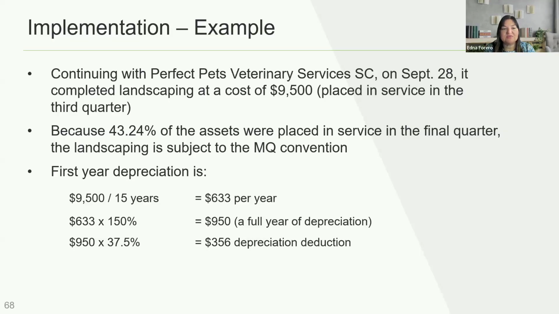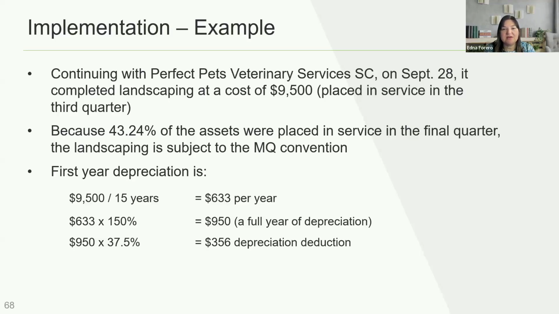And if we use the 150% declining balance, that's going to be $950. And if we use the 37.5%, because that's the quarter, right, that we look at, we take that $950 of the full year, or I should say multiply it by 37.5%, and we come out with $356 of depreciation for the year.